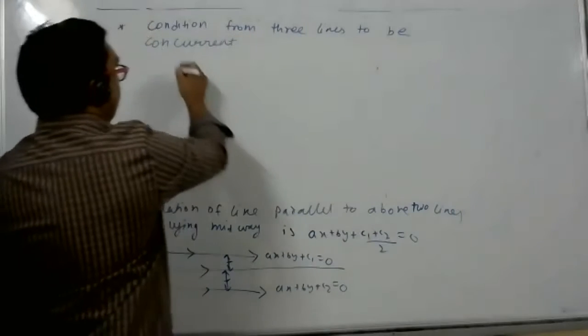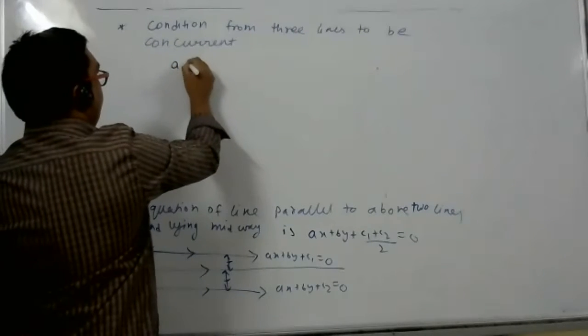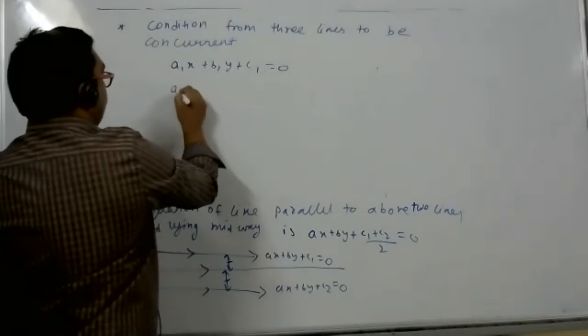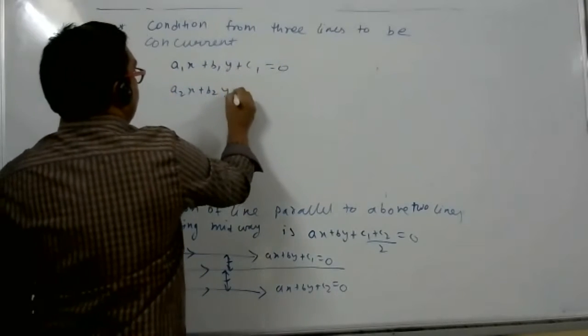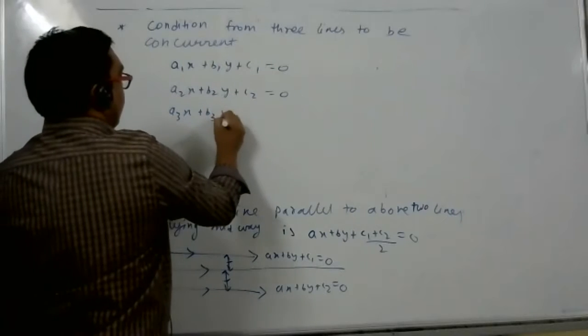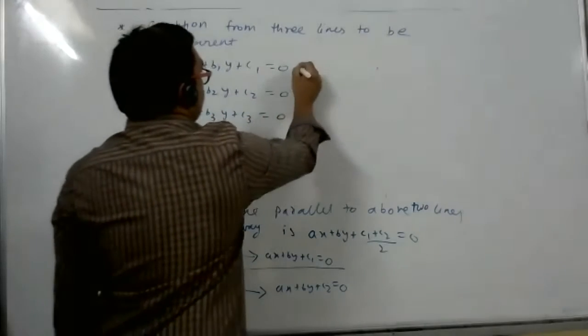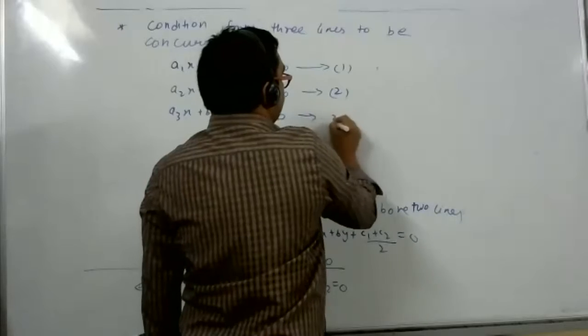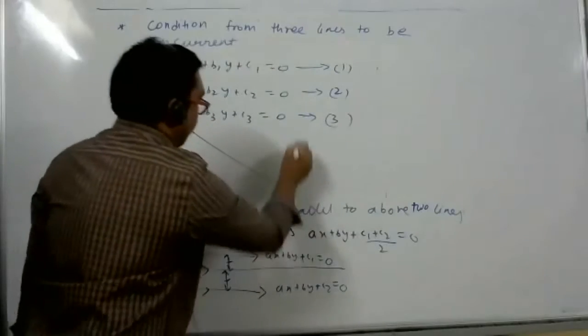Condition for three lines to be concurrent. Suppose the lines are A1x plus B1y plus C1 is 0, A2x plus B2y plus C2 is 0, A3x plus B3y plus C3 is 0. What is the condition that these three lines are concurrent? Means they intersect at the same point.